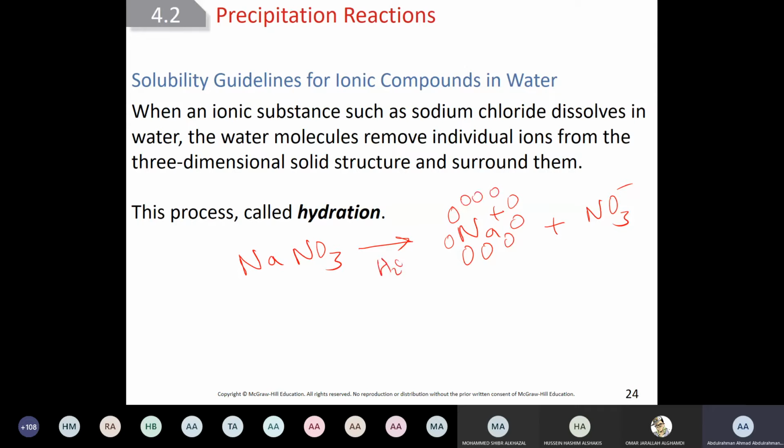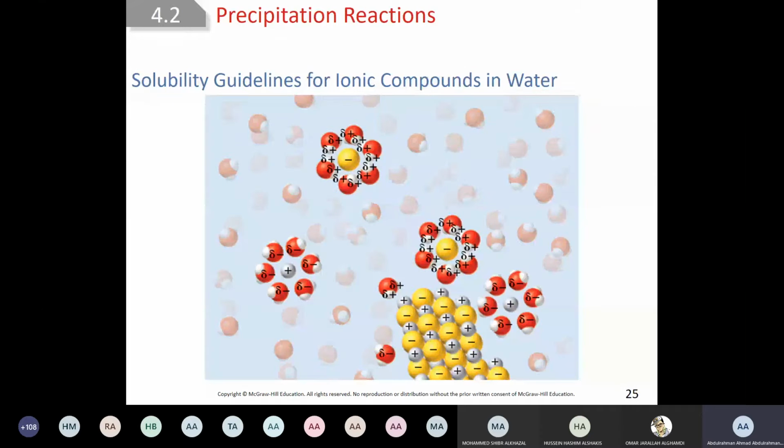If this is a water molecule, each one is H2O, and the NO3 minus is also surrounded by water molecules to hold it inside. This is called hydration. See, this is hydration. The positive ion is surrounded by water, and the negative ion is surrounded by water.